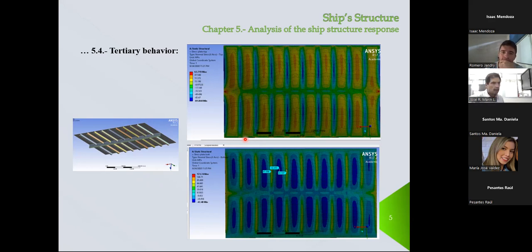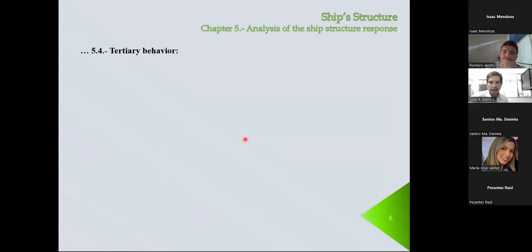Now, let's see some detail of that before we break this class. Let's consider that we have to select the thickness of a plate. We are going to apply a pressure of 80.4 kilonewtons per meter squared.